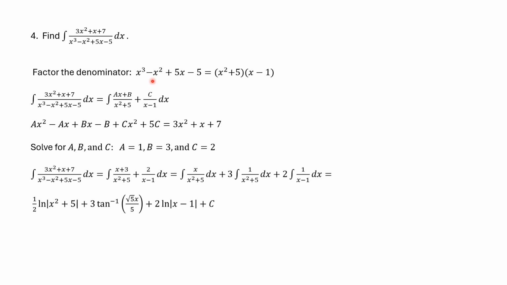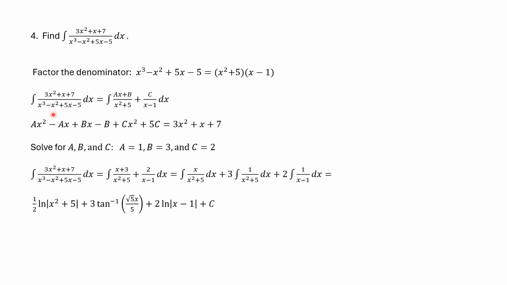And so we're going to take x squared times x minus 1 plus 5 times x minus 1.